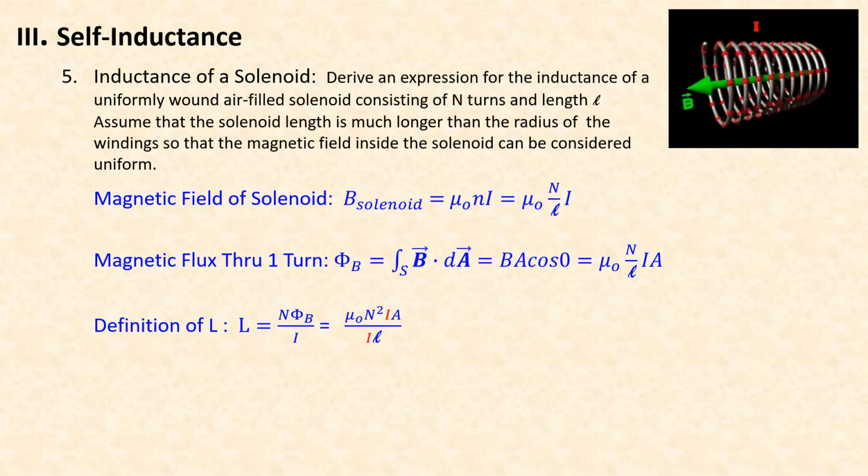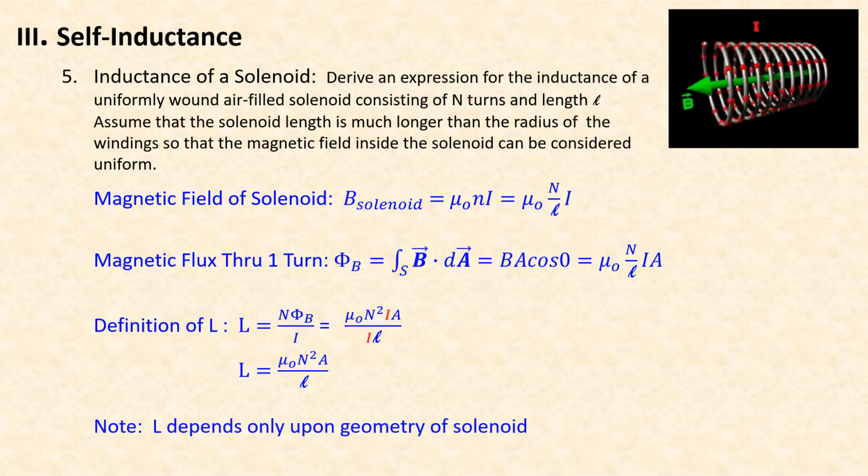Exactly the same thing happens here in the case of self-inductance, in which case our expression for the self-inductance, or commonly just called the inductance of a solenoid, is given by this expression, mu naught times the number of turns squared times the cross-sectional area of the solenoid divided by the solenoid length.